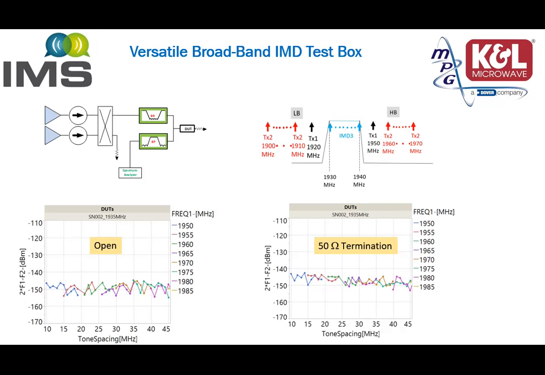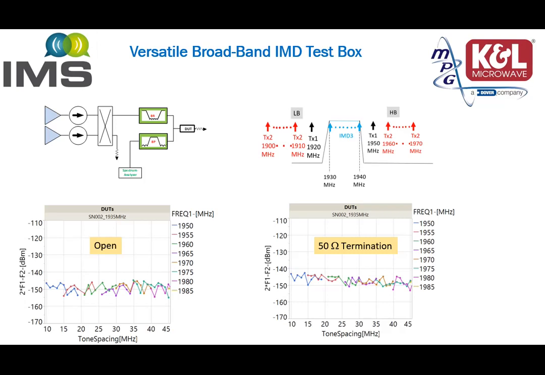If injected into the bandpass, there will be no way to sweep the signals too much, only a few megahertz. Having said that, the bandpass bandstop is a very important building block in a broadband versatile IMD test box.